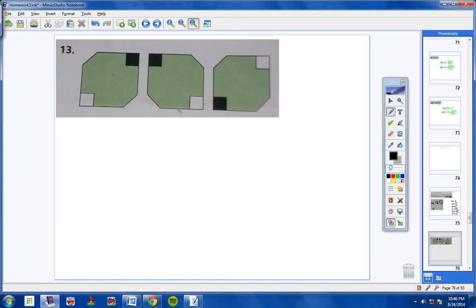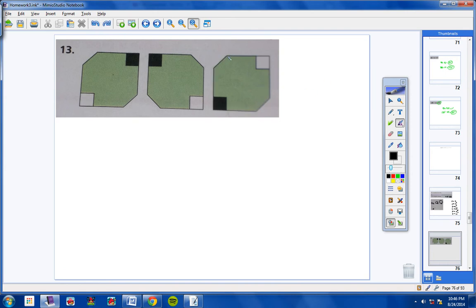Okay, the directions for 13 and 14 say to sketch the next object in the sequence, and I've not done these ahead of time. Let's see if I can figure this out. We have pointed this way, pointed that way, pointed this way. Let me trace this real quick if you guys will give me a second. So we have an object that comes down, comes over, comes up, comes over, and there. That's not the best, but it's going to have to do.